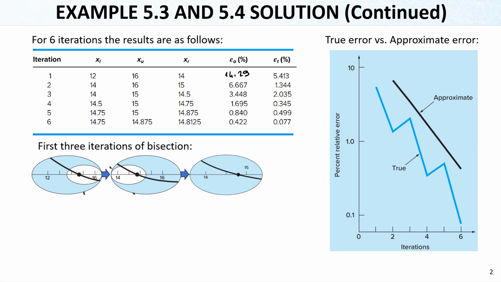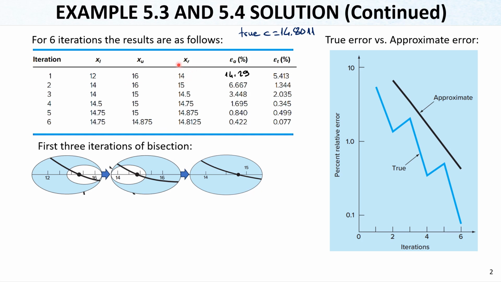The true value is mentioned as the true C is 14.8011. Let's keep it in mind. And for each XR value, by simply subtracting from here and dividing to this and multiplying by 100, we calculate these values.